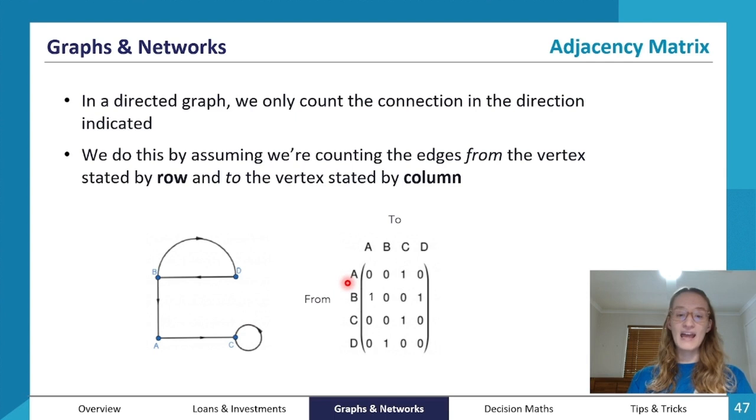From A to C, we have 1 because there is that one edge connection from A to C. But even though there is a connection there, if we look at from C to A, we can see that it's 0, because it's a directed edge going in one direction, only from A to C. We can see, for example, that these multiple edges connecting B and D, one goes in each direction. So B to D is connected and D to B is also connected.